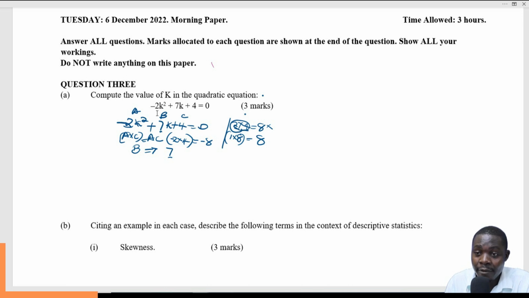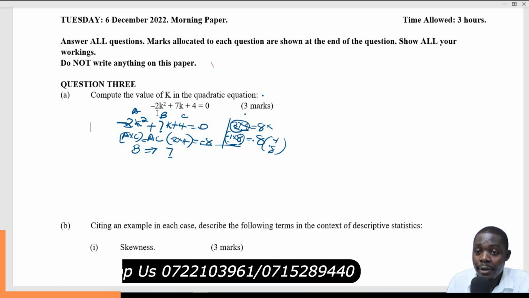But this is the value of negative 8, meaning one of the digits has to be negative. Now in this case, if 1 is negative, you have negative 1. Negative 1 multiplied by 8, you get negative 8. And 8 plus negative 1, you get 7. That's meaning these are the two digits we are going to use, that is negative 1 and 8.